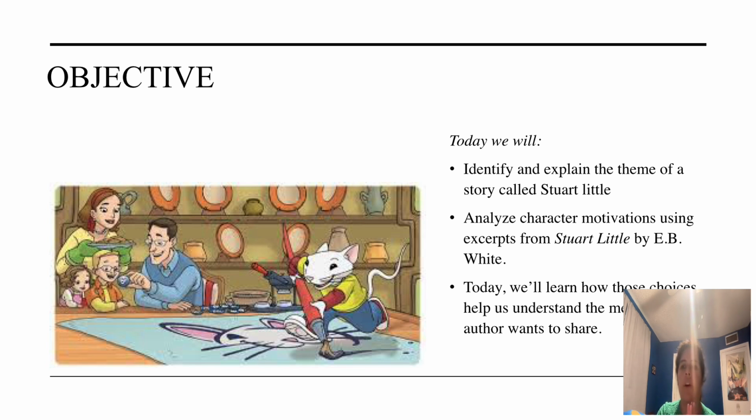This is called character motivation. As you can see on the slide, he's trying to paint a picture. He's actually motivated into drawing a picture of himself, and you see the group of kids in the background trying to see what he is doing.